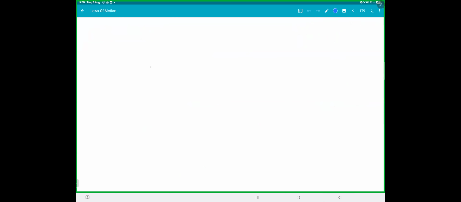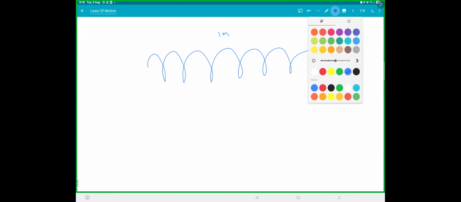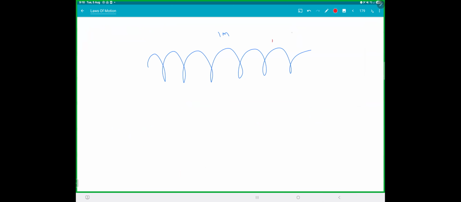Think of it like this. Let's say you have a 1 meter long spring and you stretched it. Example, let's say elongation is also 1 meter. Means what? Each loop here will stretch 1 centimeter. But let's say you make this spring only 10 centimeters. And now your stretching elongation is 1 meter. That means each loop will stretch 10 centimeters.